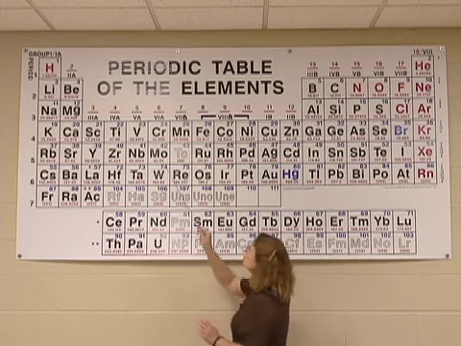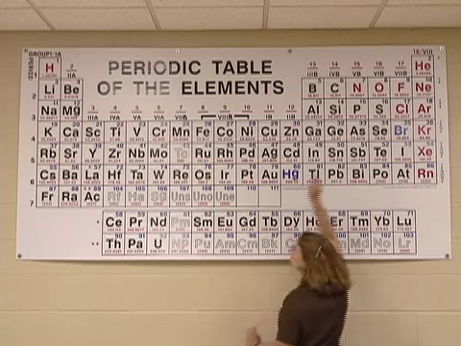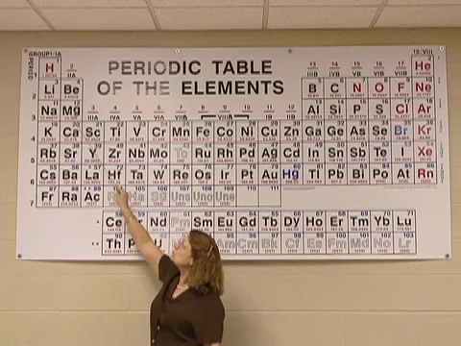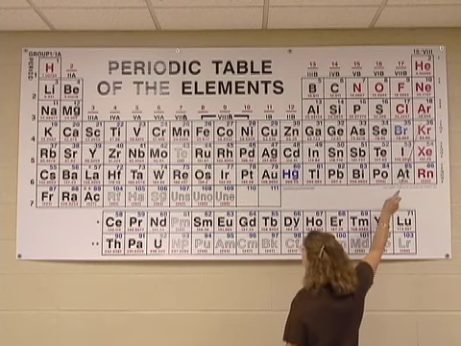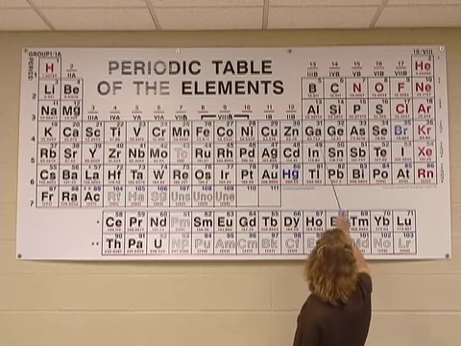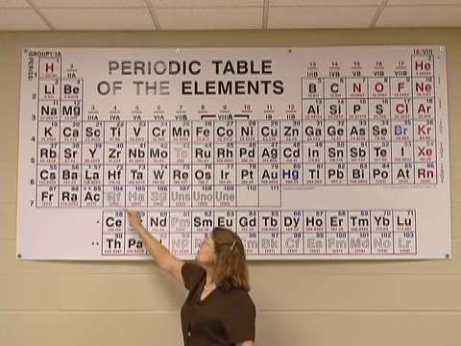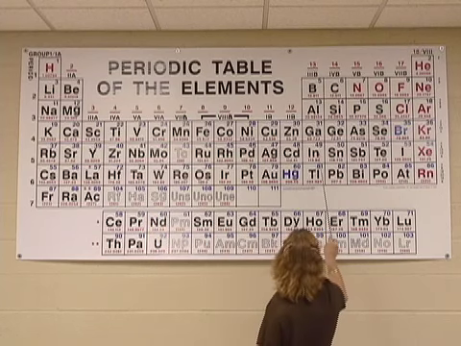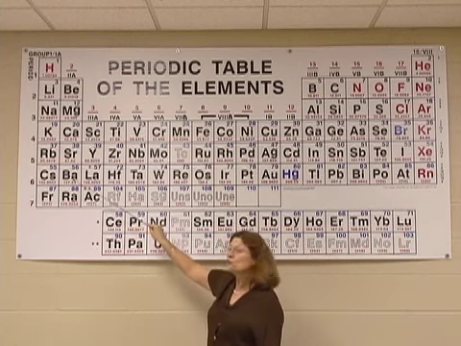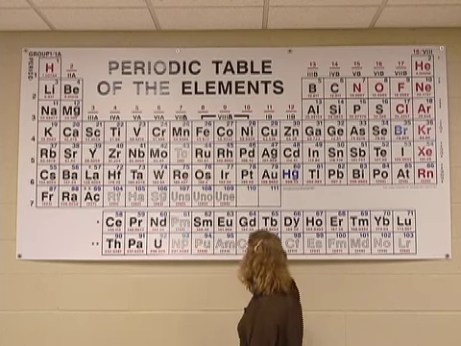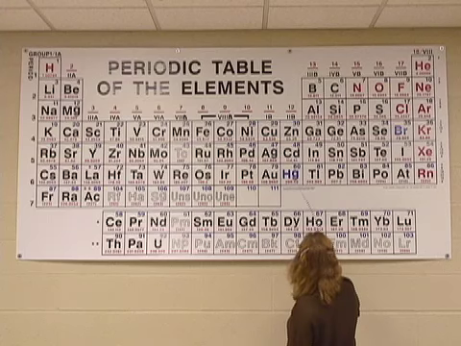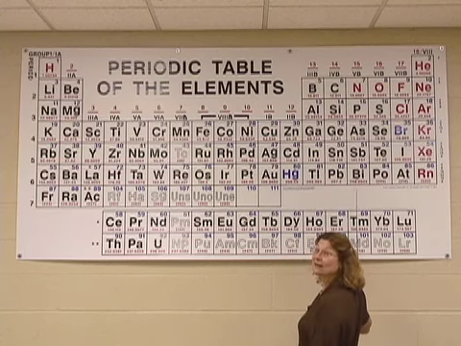So when I do bismuth, I go 1s2, 2s2, 2p6, 3s2, 3p6, 4s2, 3d10, 4p6, 5s2, 4d10, 5p6, 6s2, 4f14, 5d10, and 6p3.